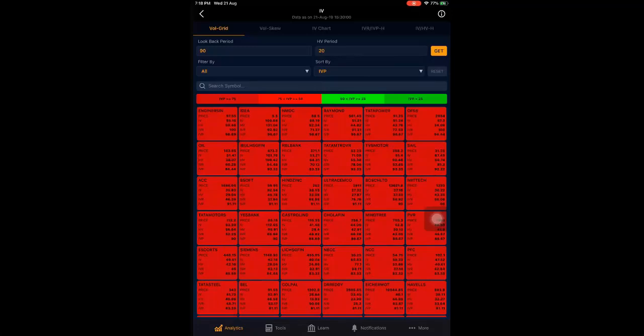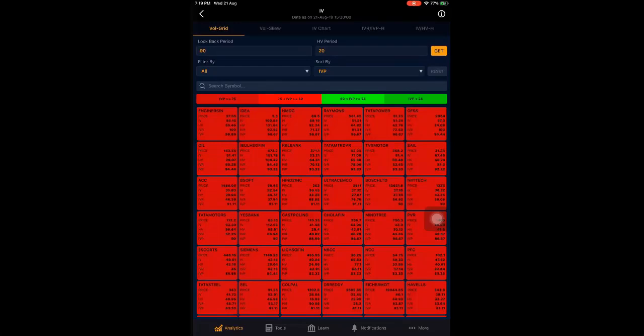Similarly, IVP tells you in terms of days, how many days the IV has been below the current IV. So when I say IVP of 98, it means that in 98% of days in the last 90 days, the IV was below the current IV. The current IV is, say, Engineers India 85%.